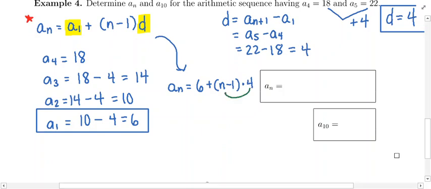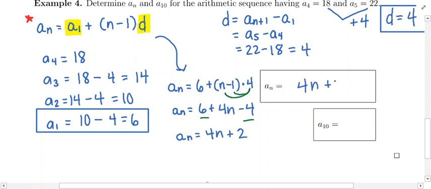So let's distribute the 4. So we're going to get that the nth term is given by 6 plus 4n minus 4. Combine the like terms. The nth term is given by 4n plus 2. So this is how you can calculate any term in this sequence, even the ones we already know.